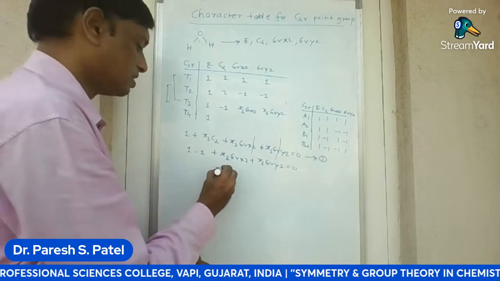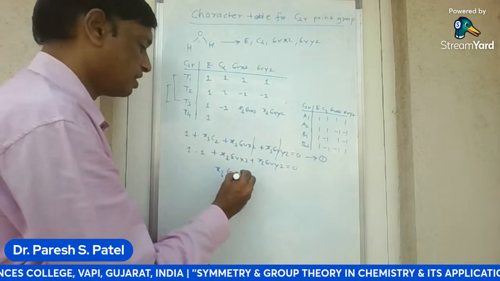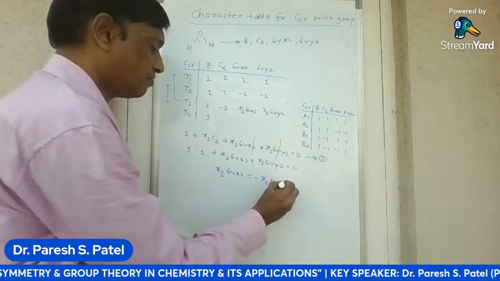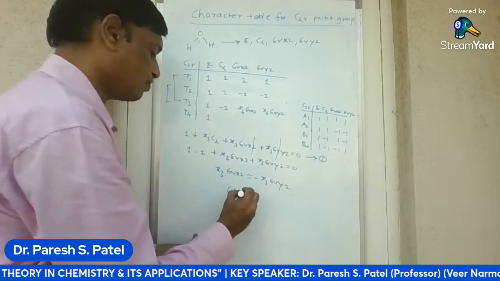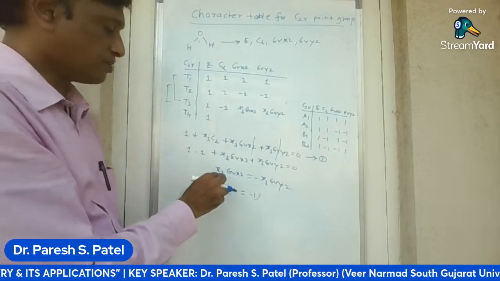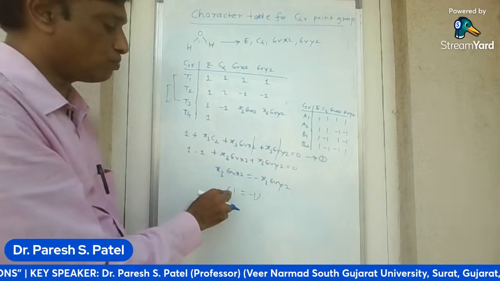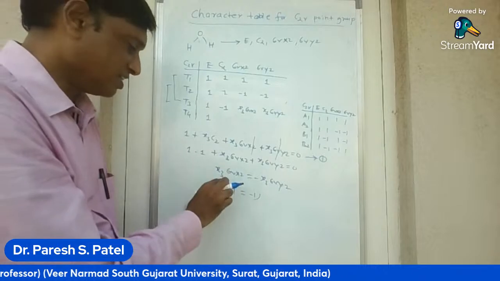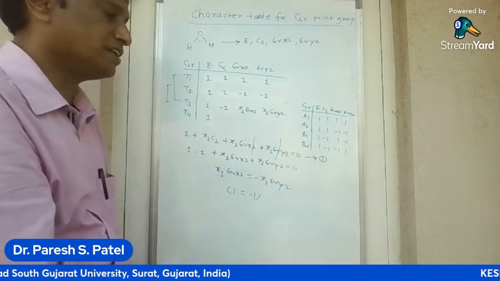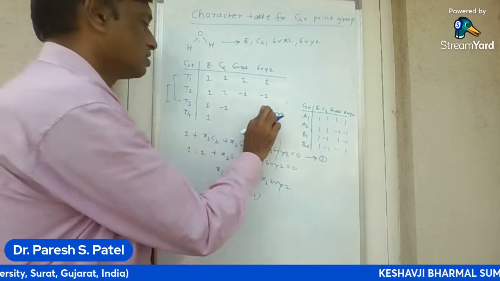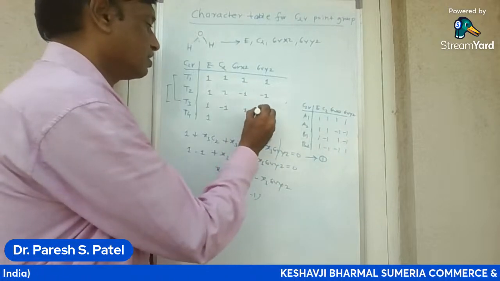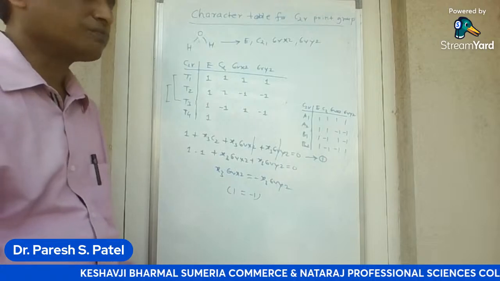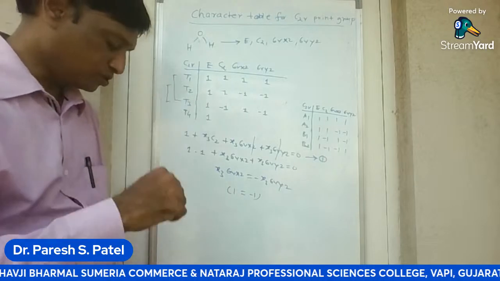It means character 3 sigma v xz is equal to minus character 3 sigma v yz. Means the value for the character 3 sigma v xz is equal to +1. Then character 3 sigma v yz should be -1, or if this one is -1, then it should be +1. This can be satisfied by the characteristics number 3, the sum of the square of the character is equal to order of the group.